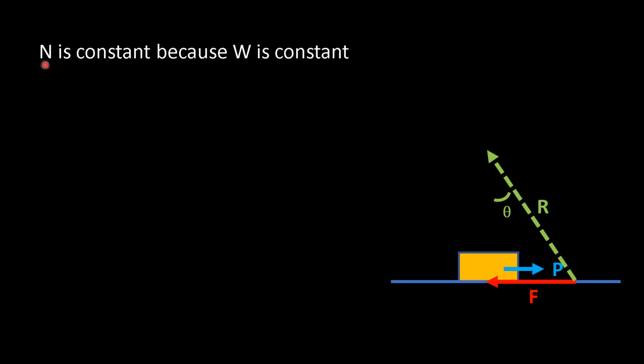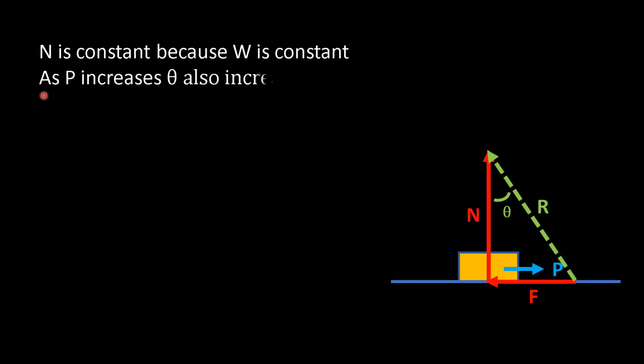Normal reaction N is constant because the weight of the block W is constant. As P increases, θ also increases.